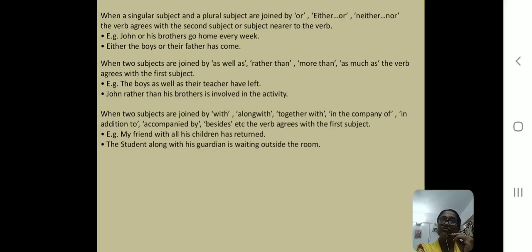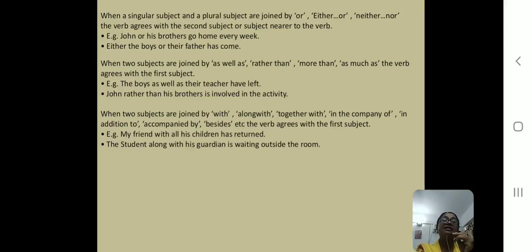It will not agree with the second subject. Whenever you are using connectors like as well as, rather than, you have to see the first subject. So here the first one is the boys, as well as their teacher have left. The boys is the first subject, and then we have to use have.